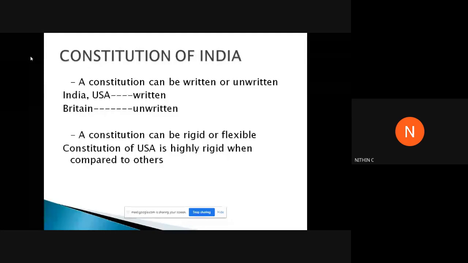Otherwise, we have a flexible constitution as well, where amendments can be made, that is, we can make changes to the constitution that you have already created.